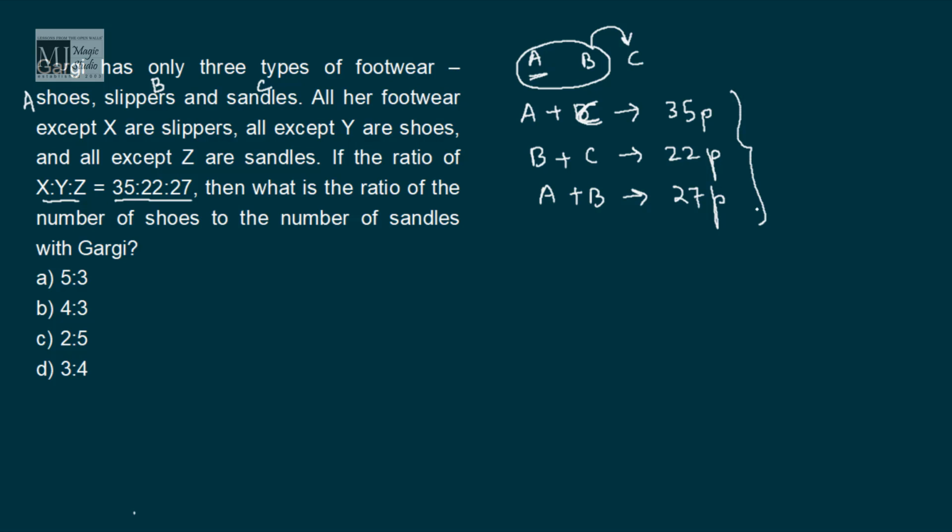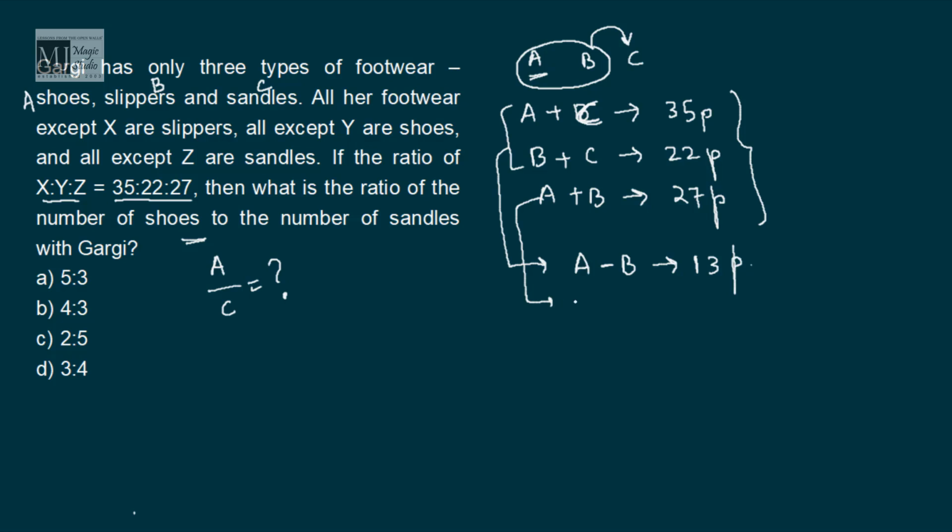Now we have these three equations regarding A, B and C. Then what is the ratio of number of shoes, shoes means A, and number of sandals, sandals is C? We are looking out for A is to C. If I subtract these two, A plus C minus B minus C is A minus B. That would be 35 minus 22, that would be 13P.